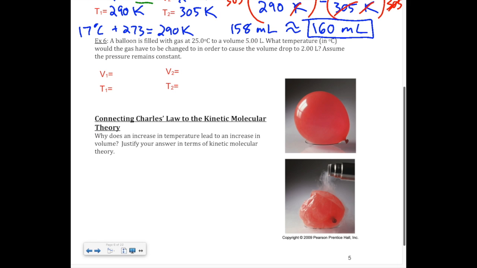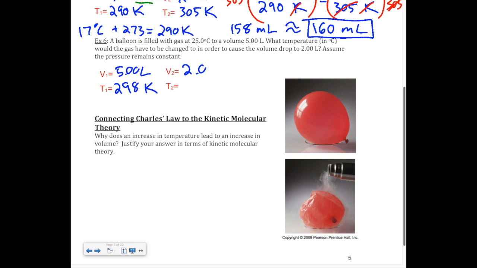Example number 6 says a balloon is filled with gas at 25 degrees Celsius. Now that is actually 298 Kelvin, to a volume of 5 liters. What temperature in Celsius would the gas have to be changed to in order to cause the volume to drop to 2 liters?